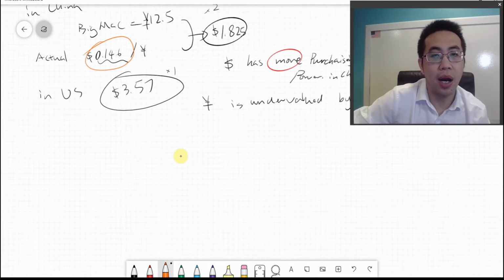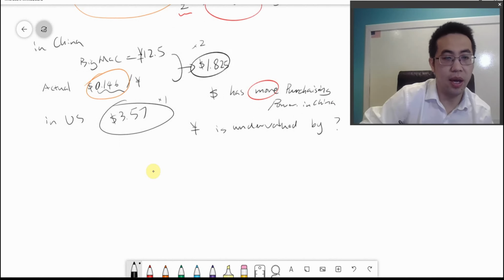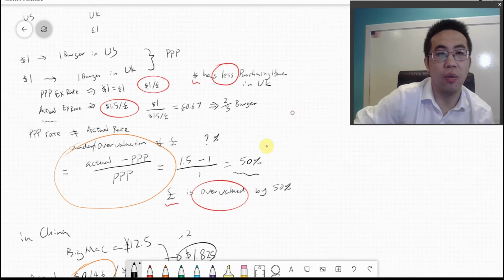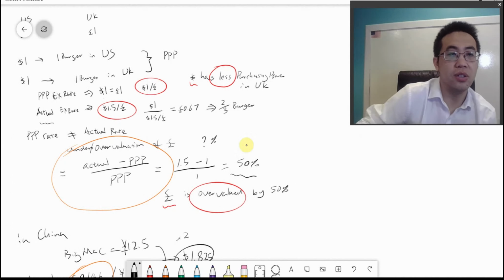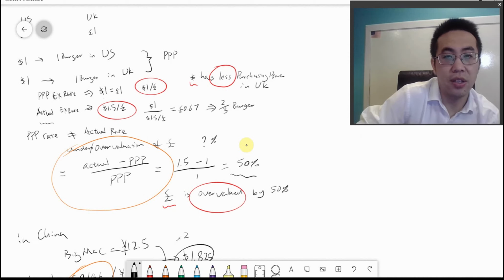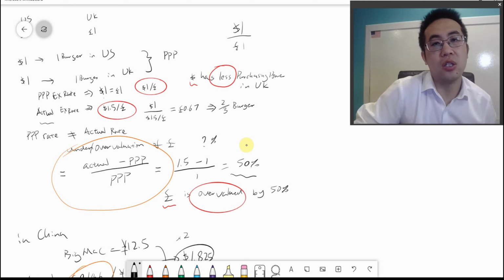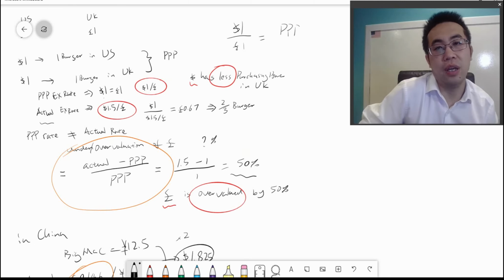The purchasing power parity rate is derived from the dollar price and the yuan price. In the $1 burger example, the dollar price of a burger in the US is $1, in the UK is £1, so the PPP rate would be $1 per pound.